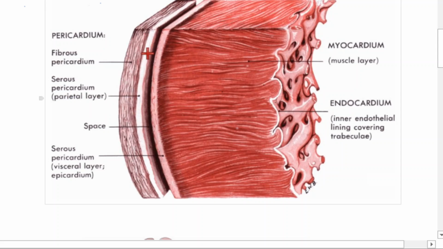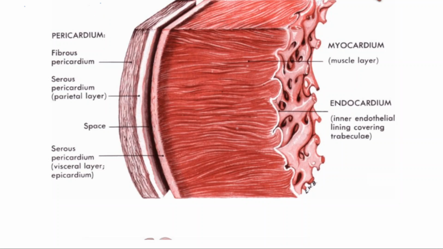See this? This is the parietal layer. And this is the visceral layer, where it fuses with the outer layer of the heart. So this space that you see where the serous membrane is split is filled with pericardial fluid. Okay? And this pericardial fluid reduces the friction because the heart is continuously beating.